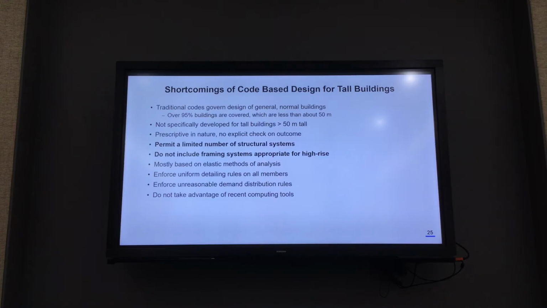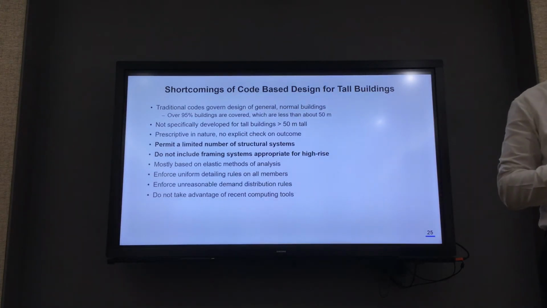For example, what is the most popular restriction? Flat slab. Flat slab in earthquake zones, right? But now we make them. In the Philippines, most of the buildings are flat slab, in a highly seismic zone, tall buildings, because we can understand them better and we can prove that it's okay to use that. So this is one. There are many other provisions.